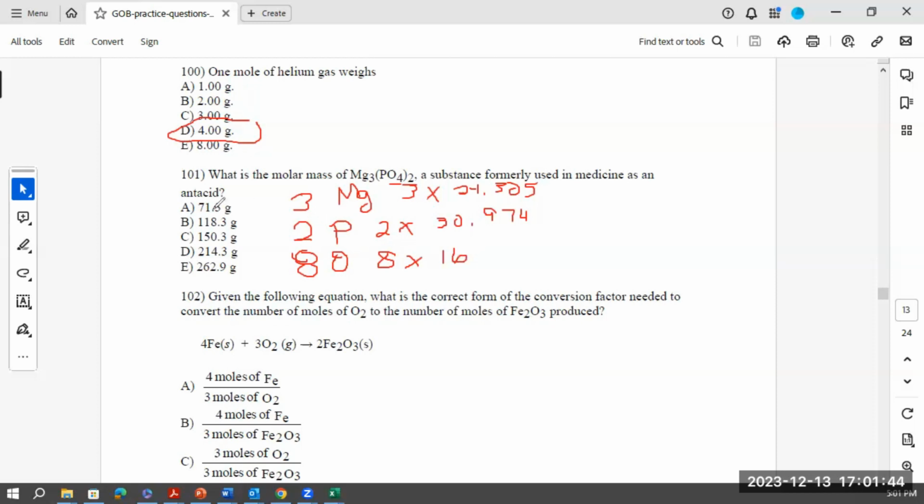Now, here's the bad thing, right? Because that should be grams per mole. So this is a typo technically.